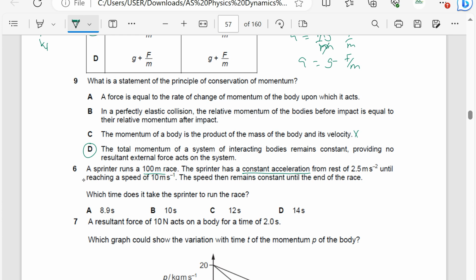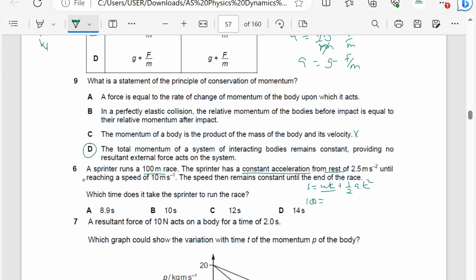Which time does it take the sprinter to run the race? Remember it starts from rest, so initial velocity is going to be 0. So I'll simply use s equals ut plus a half at squared. The race is 100 meters, starts from rest, so this part is going to be 0.